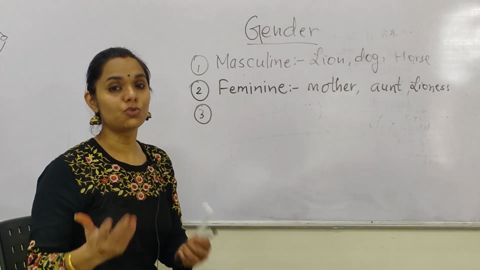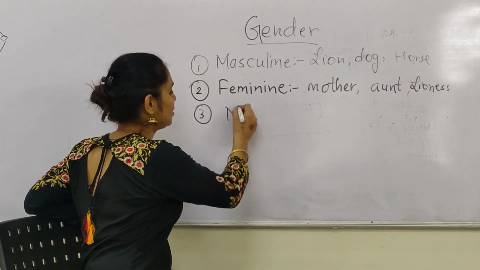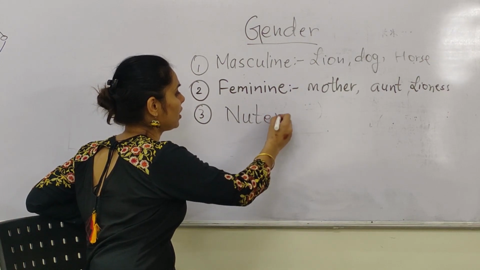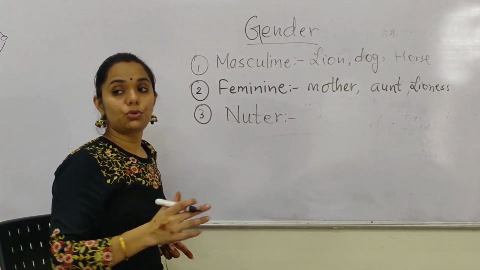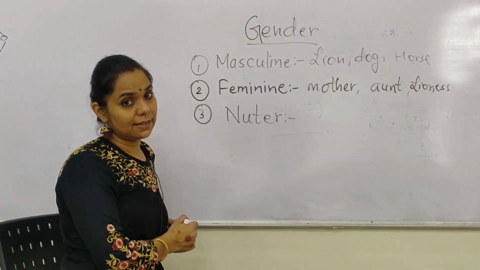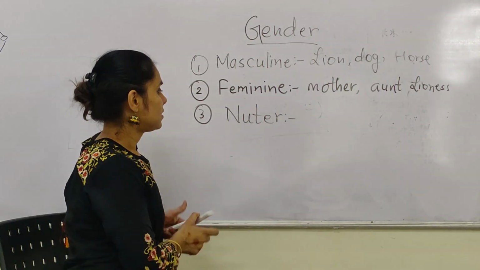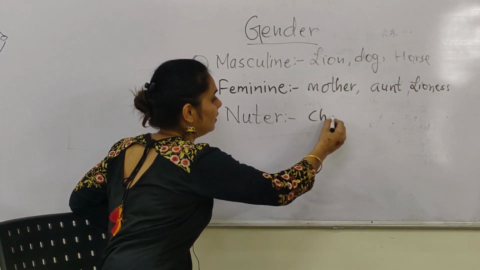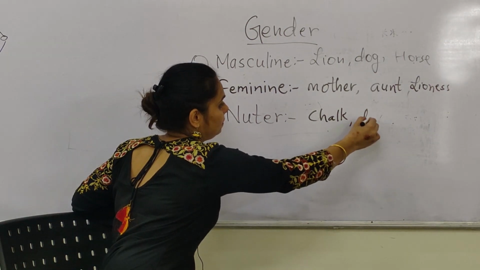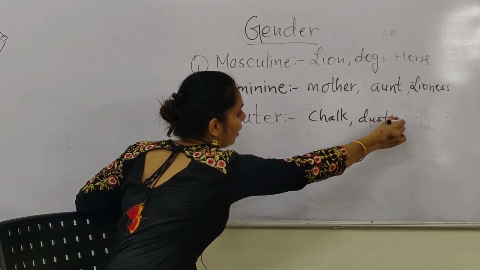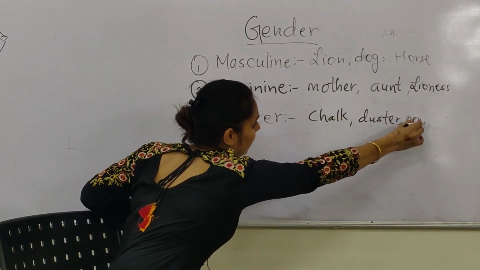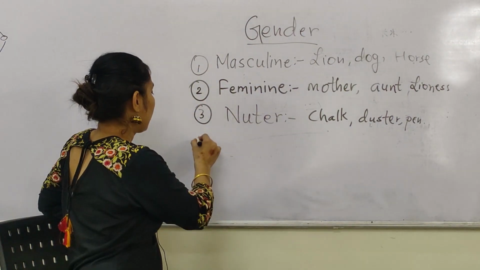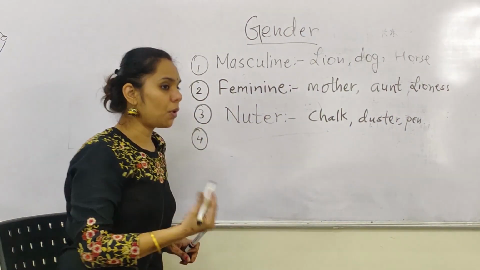Those are called neuter gender. So when we talk about neuter gender, now you push them to look around and tell you the examples of neuter gender. It can be, suppose, chalk, duster, or can be a pen, anything. It can be anything.